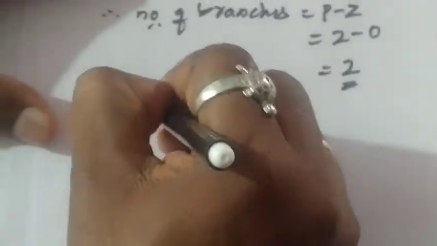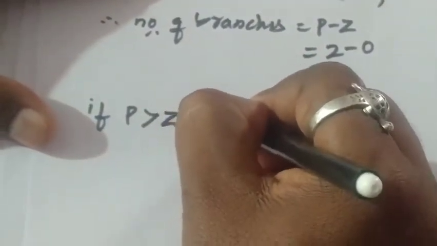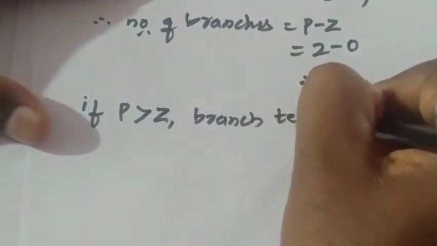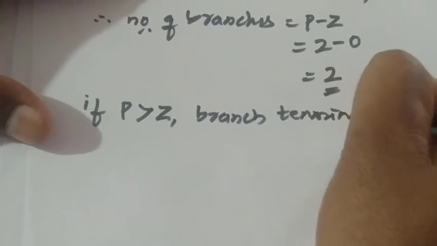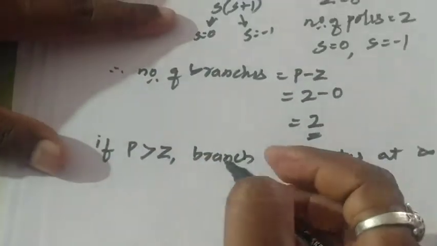What are these conditions? If P, the poles, are greater than the zeros, then the branch terminates at infinity. Terminates at infinity when poles are greater than zeros.